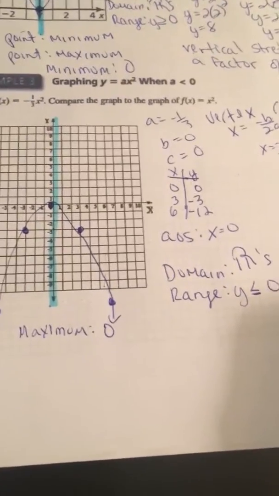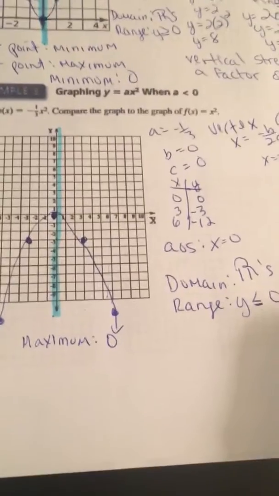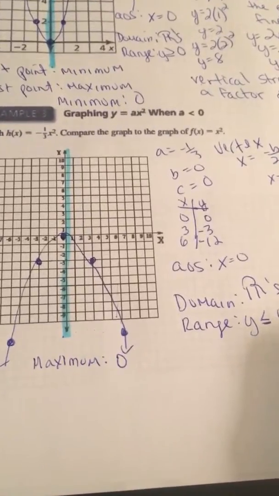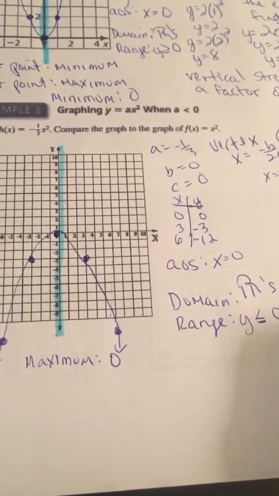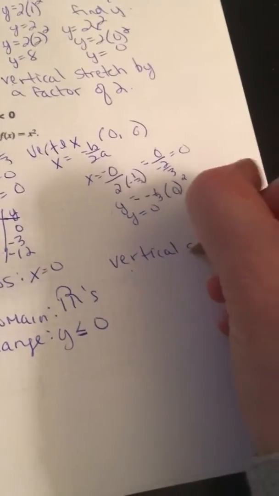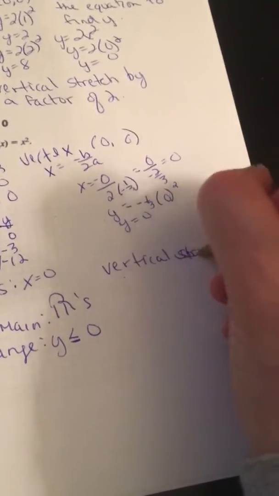When I compare to the parent function, I'm looking at an a value of negative 1/3. So right away, I see that I'm comparing to the parent function. I have a vertical stretch. Shrink. Oh, take that back.